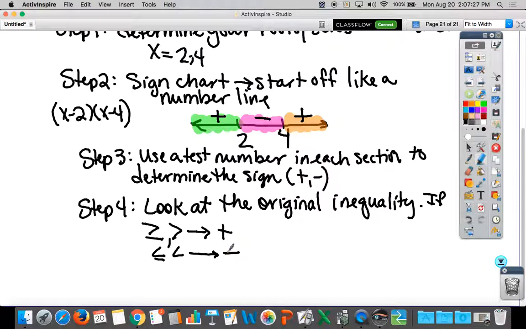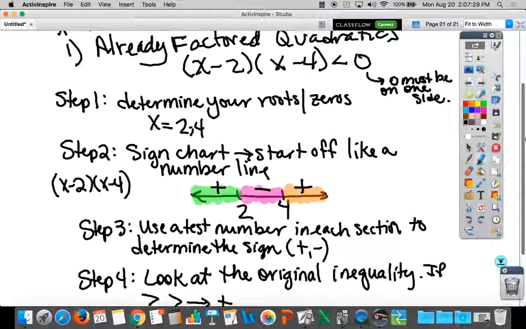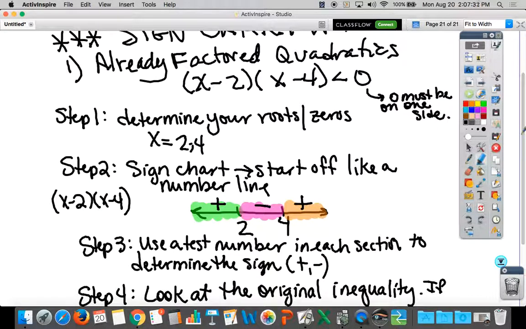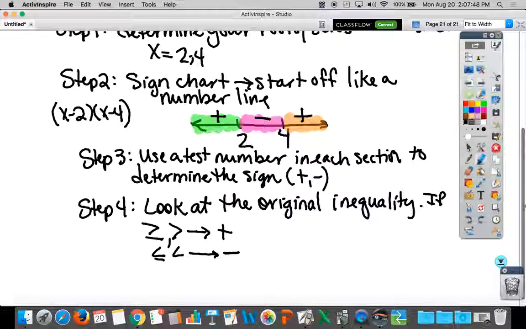Now, what did my original have in it? A less than. So what part of my sign chart am I wanting? The negative part. What is that? That is 2 to 4.